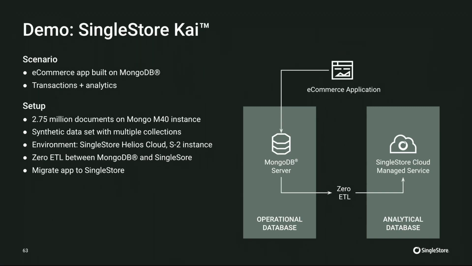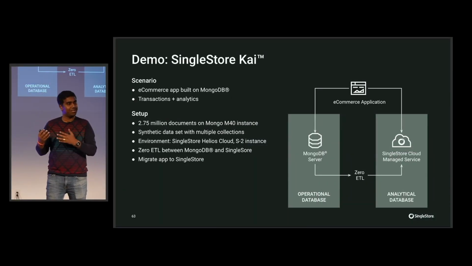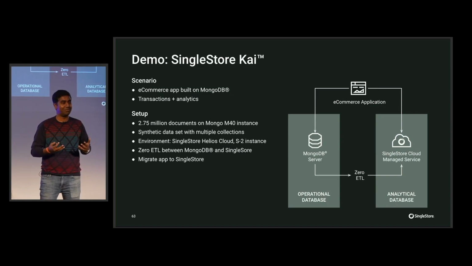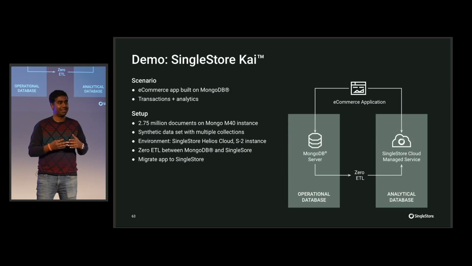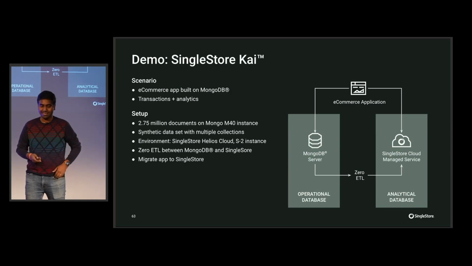And finally, the application change. Now, we talked about that there are zero application code changes that we need to do. And I'll show how exactly that will work because it's just a connection string change that you do, and your application runs on the same JSON data with the same application code with SingleStore as a backend.